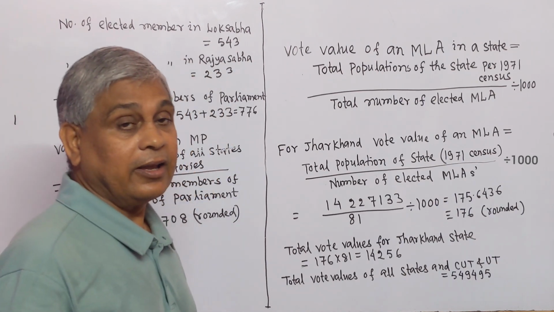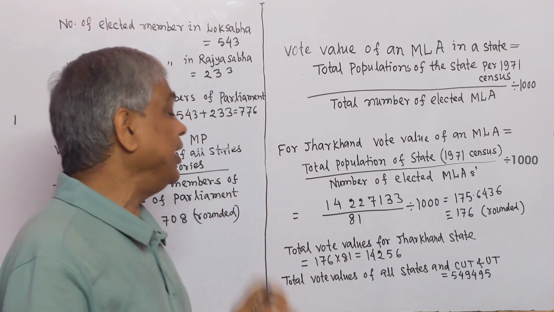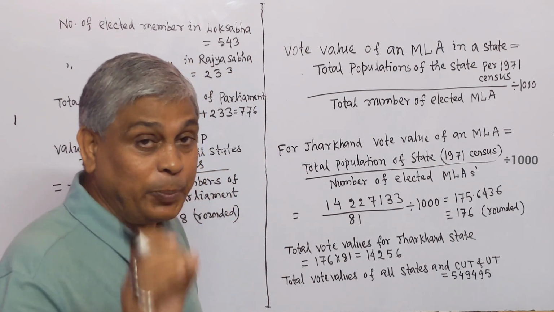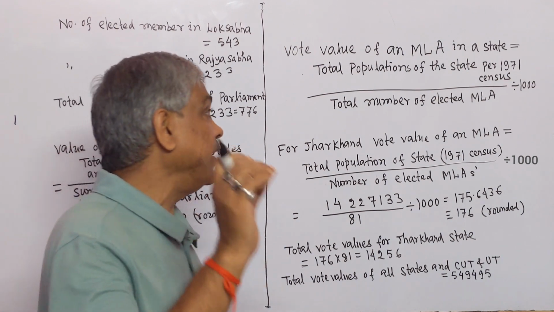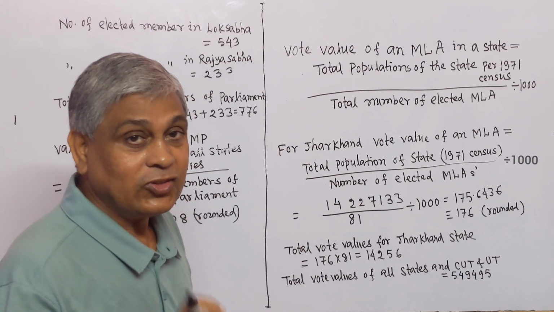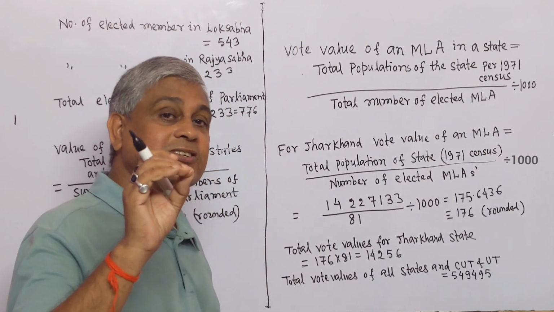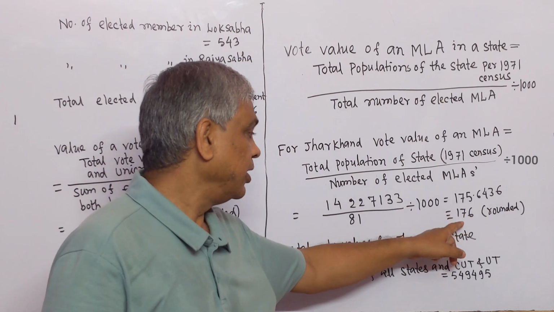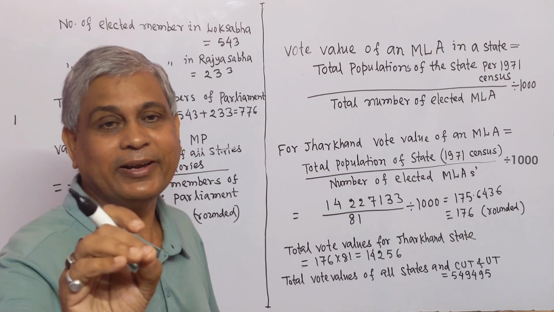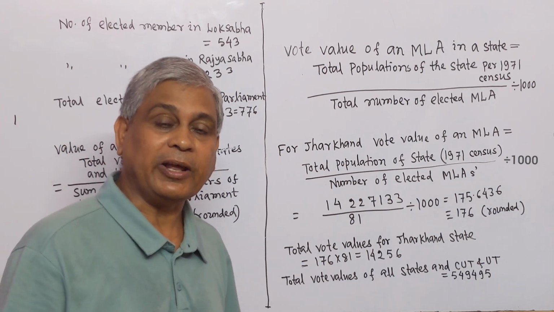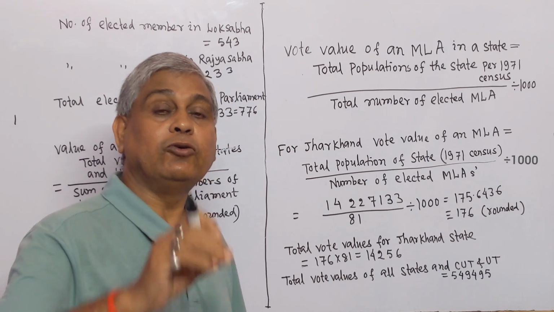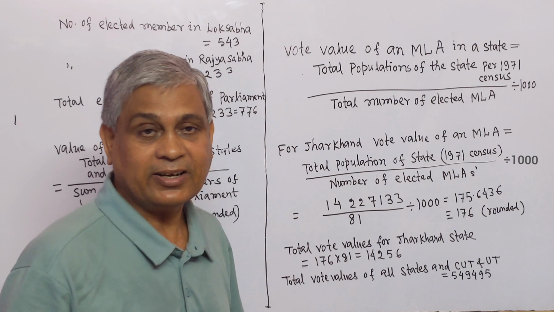In Karnataka, 131. In UP, 208. In Bihar, this figure is 173. In Jharkhand, 176 and in Bihar, 173. So, vote value of an MLA in Jharkhand state is greater than vote value of an MLA in Bihar state.